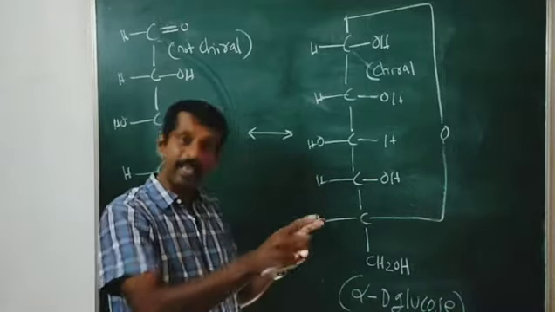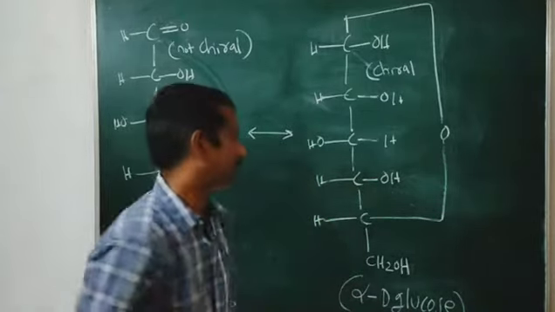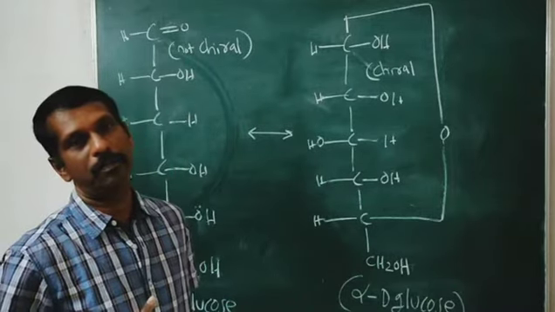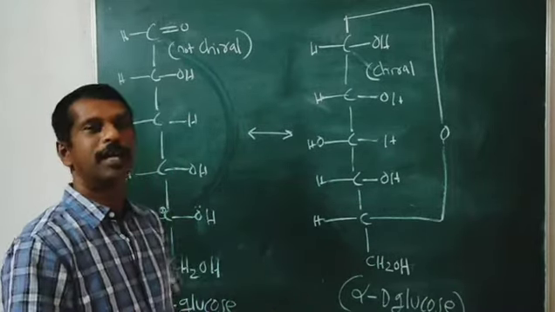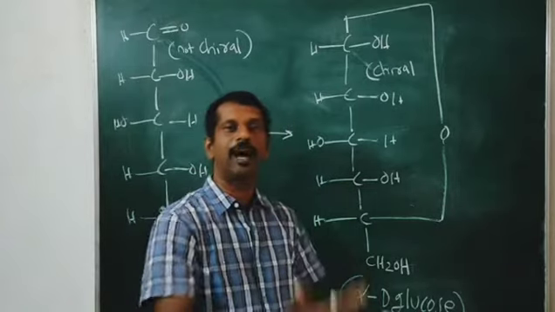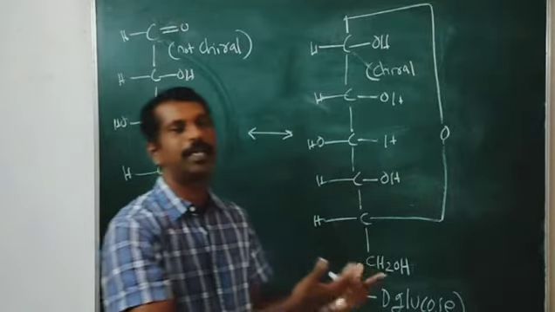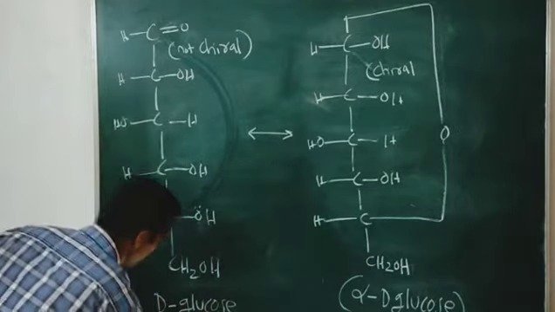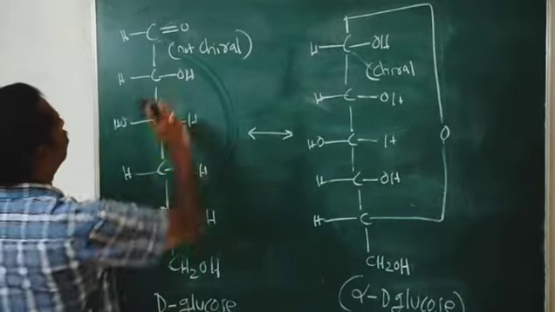Based on that chiral carbon, we get two structures, alpha form and beta form. Clear? And we get two pyranose structures also, alpha D glucopyranose and beta D glucopyranose. That structure also we can draw. Okay, hope it is clear to you.